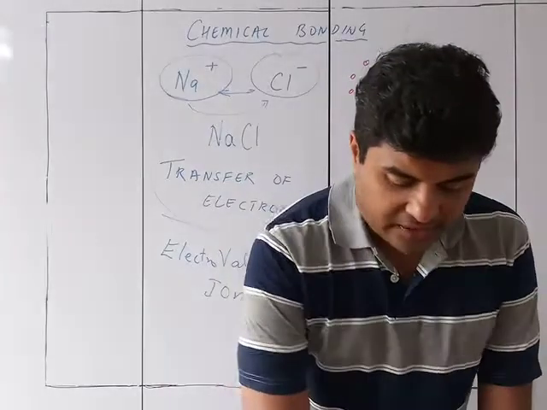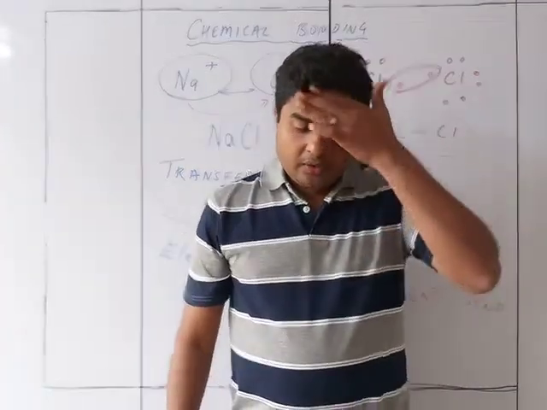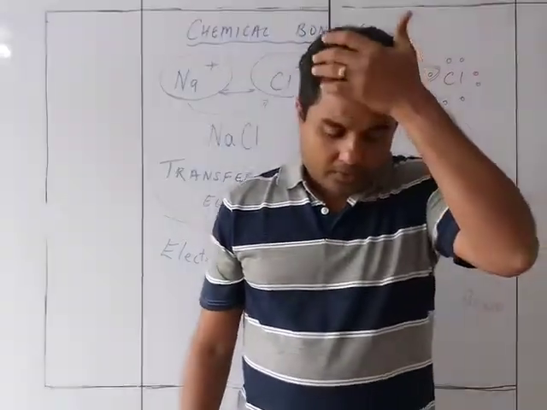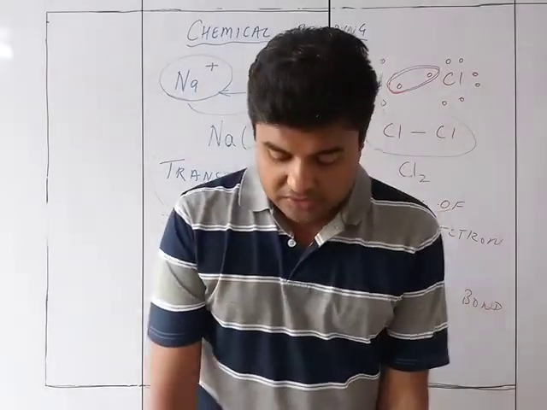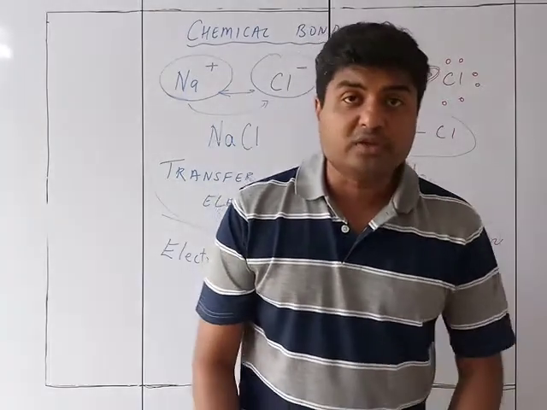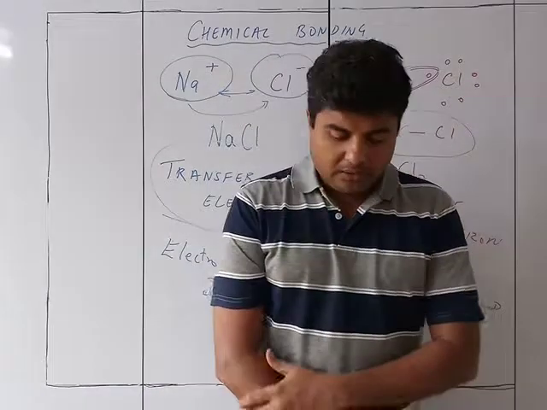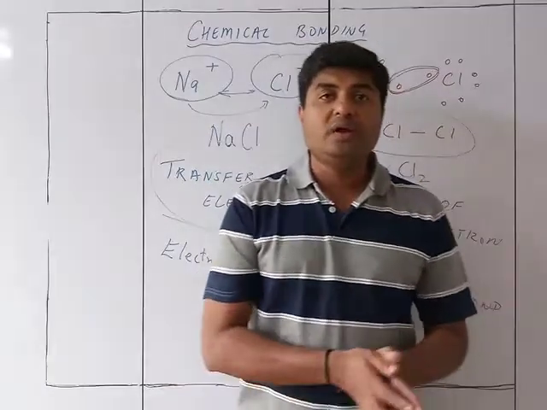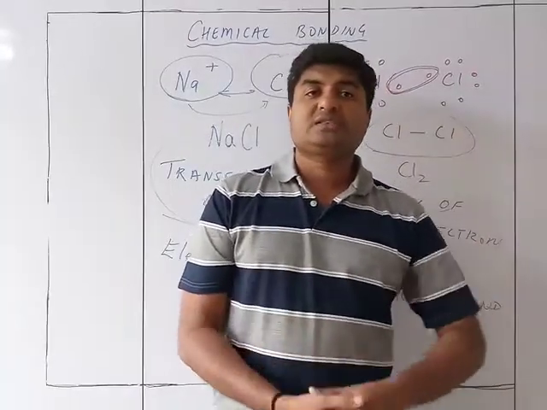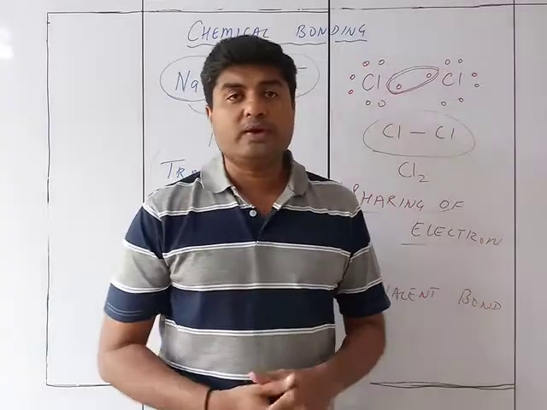So generally it will be non-metals. So we can see over here that noble gases will not require any kind of bonding to take place because they are already 8 in number. So each and every other element will require to complete its orbit similar to that of a noble gas.